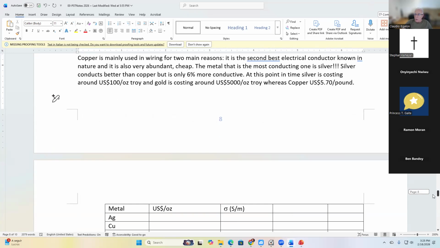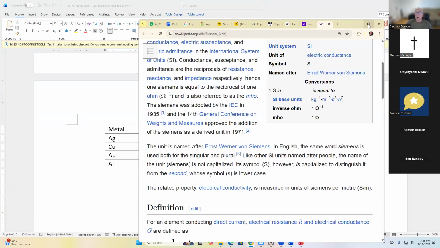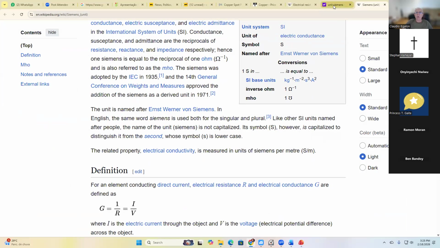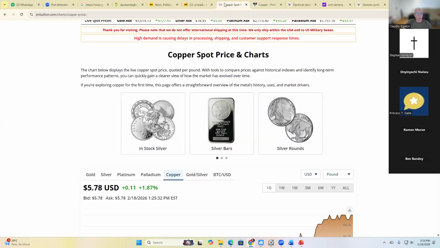Metal. Here you go. Per ounce, I'm gonna put it approximately $100. Copper. We have to translate dollars per pound into dollars per ounce, right? Copper, let's see, that's the one. No, that's not the one. It should be this one here.